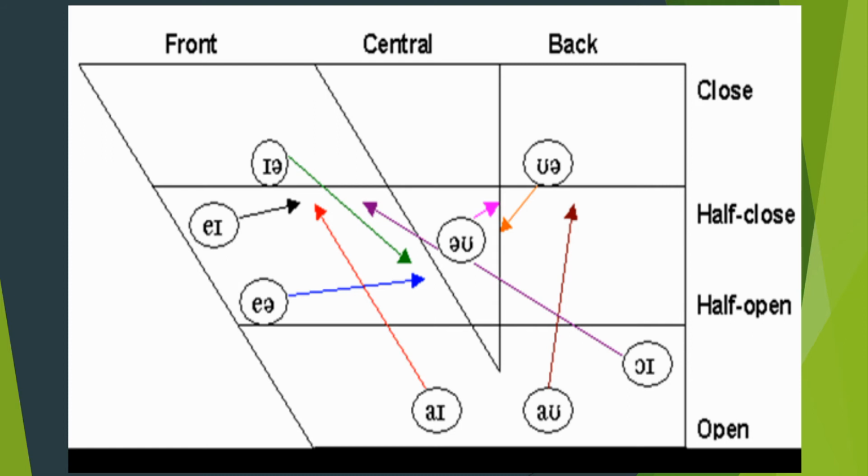There is one another sound. Only two diphthongs are there in this cluster. Another one is gliding towards U, which is A. This is the pink arrow, that is ow.